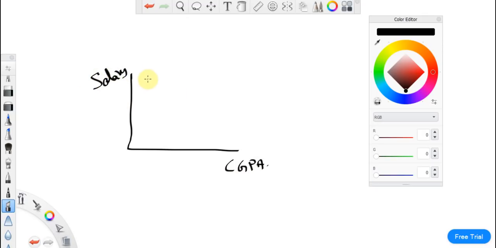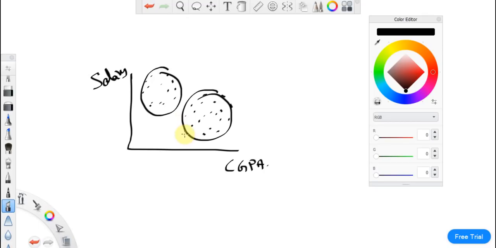Suppose we take the data and find that one segment exists here, and another segment exists here. So based on the data, we are able to identify that there are two segments.